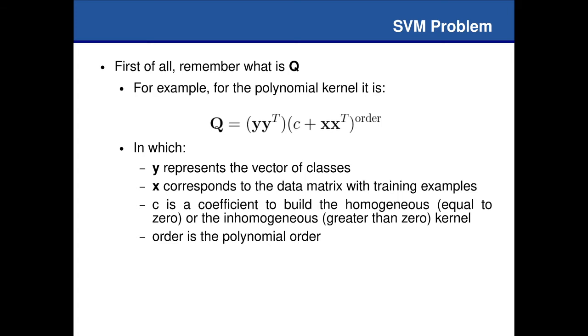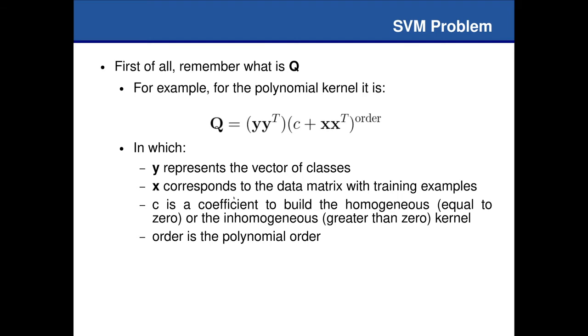So before going into that, let's remember how we computed Q. Q for the polynomial kernel was computed like this: y transposed, element-wise multiplied by some coefficient to build up a homogeneous or non-homogeneous kernel, x transposed, and then we have the polynomial order here.